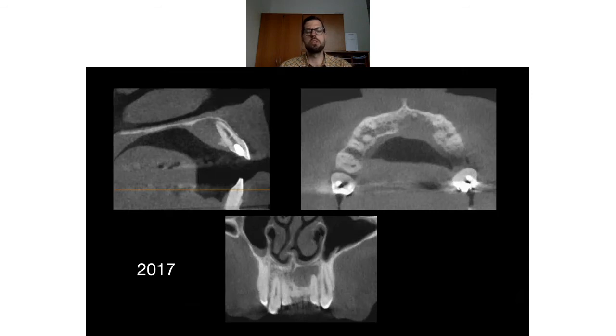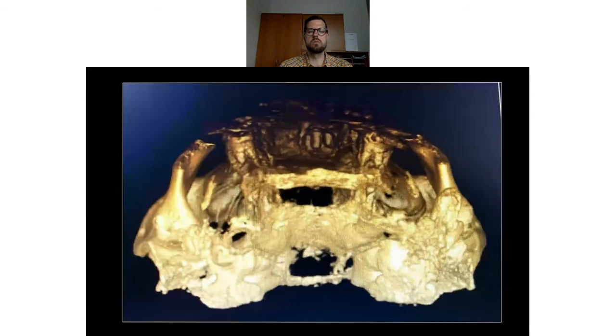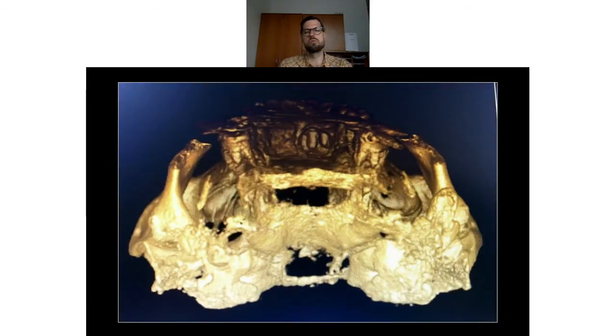So this is the patient that came to me in 2017, and you see that there's a big resorption of the bone over four teeth. We see all the slices, and you can see also this 3D reconstruction and the resorption of the bone from the palatal side.